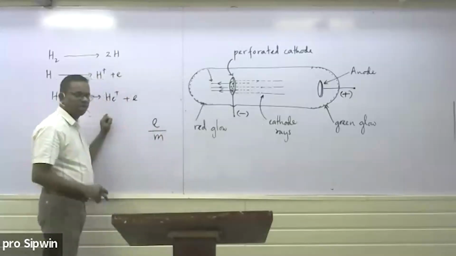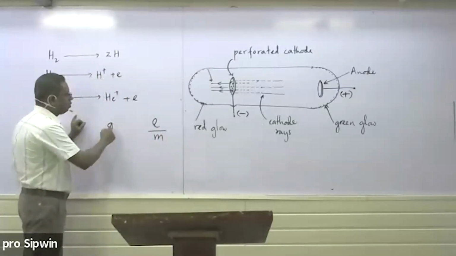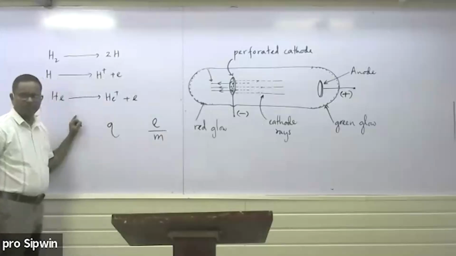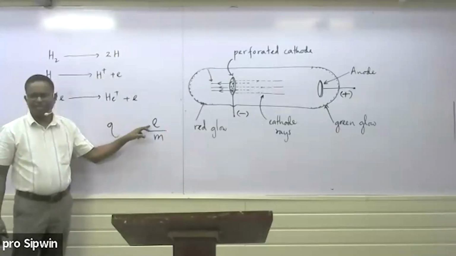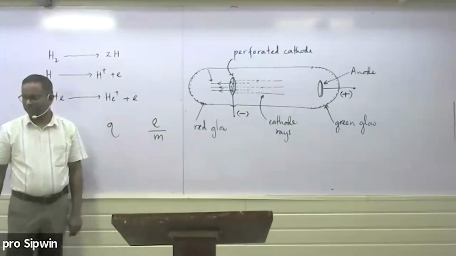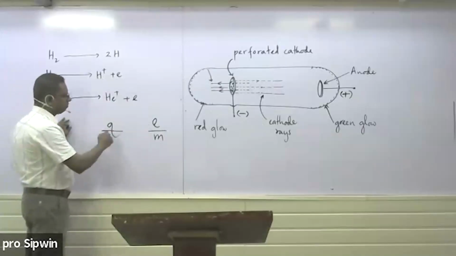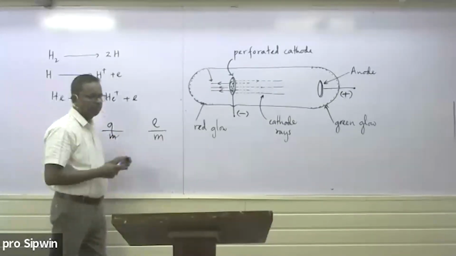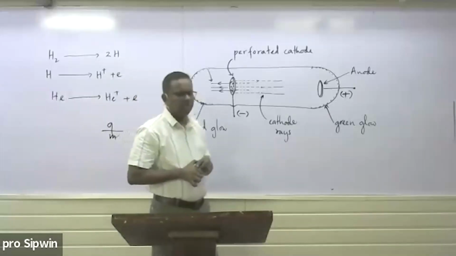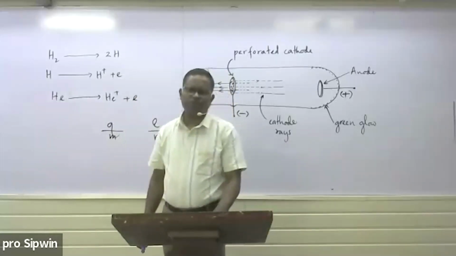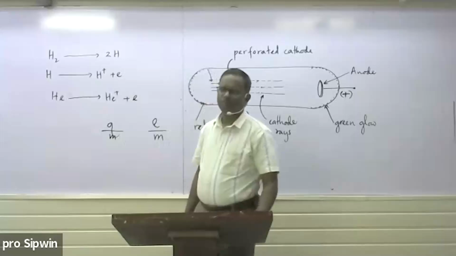For that we mark the charge as Q, like e/m for the cathode ray particle. So they determined the Q divided by M value for the positive ray particles.